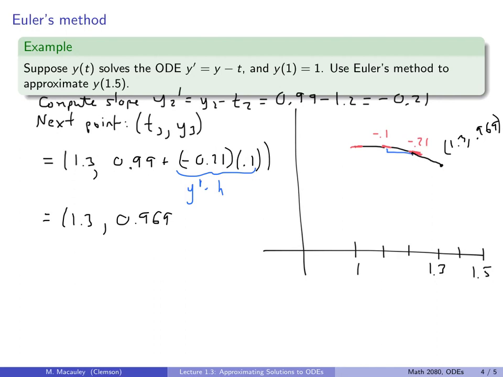So from here, we need to recompute the slope. So this is y3 prime, which is, now we use our equation, the y value minus the t value. Here's the y value, there's the t value. So it's 0.969 minus 1.3.